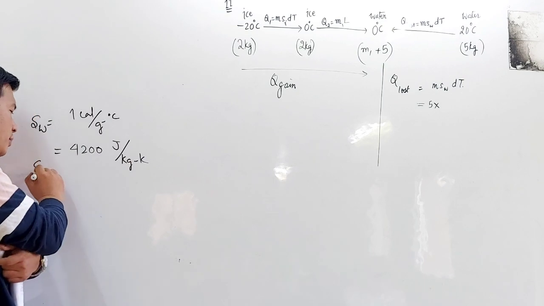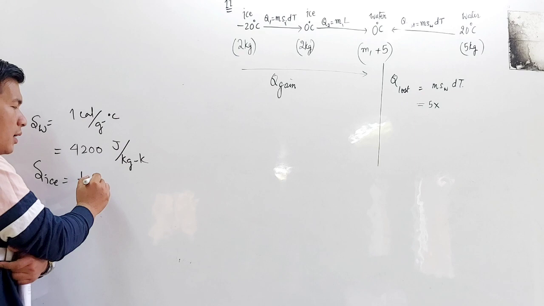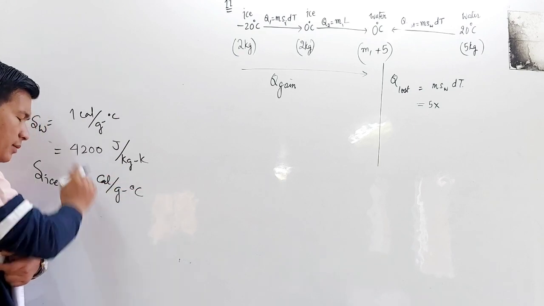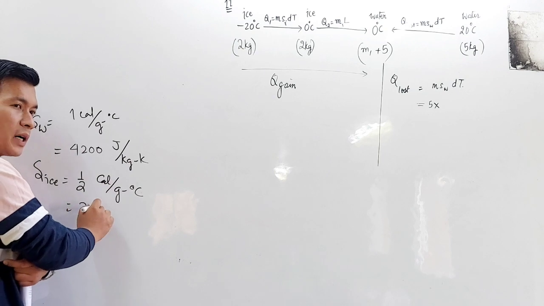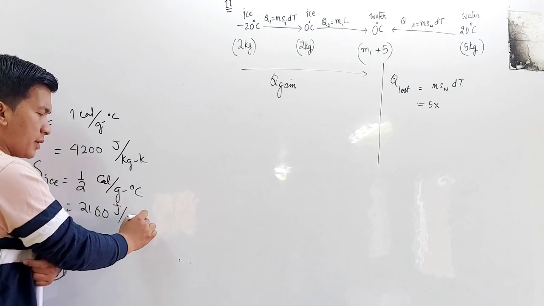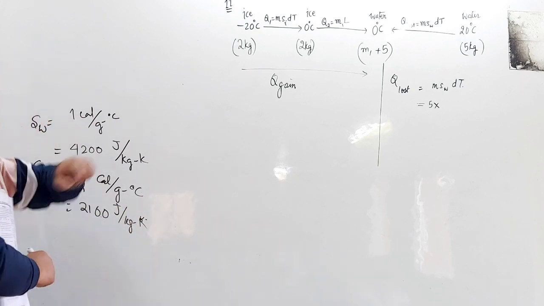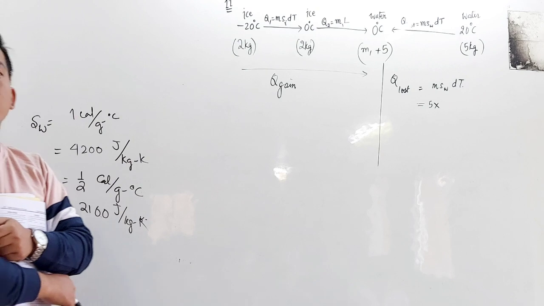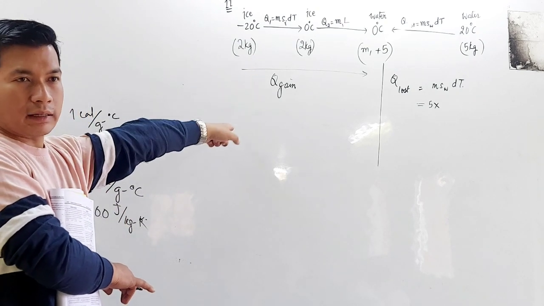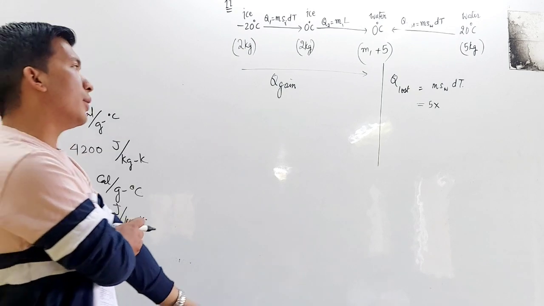The specific heat of ice is half calorie per gram per degree Celsius, or 2100 joule per kg per Kelvin. Everything is given in standard units, and mass is also in standard unit kg.